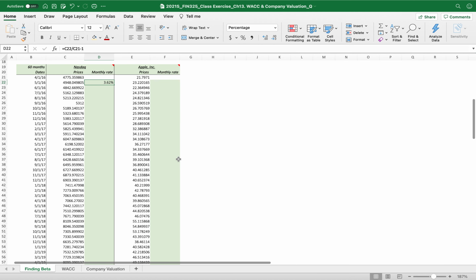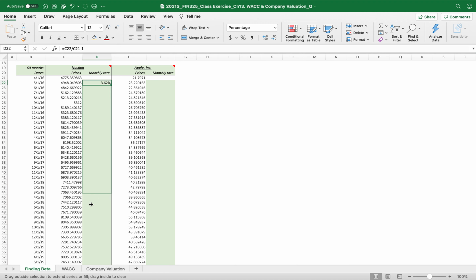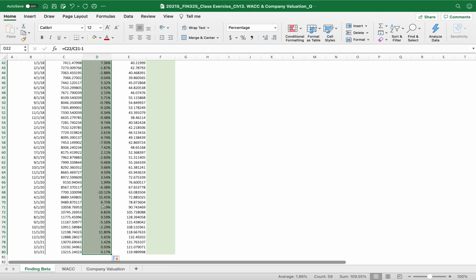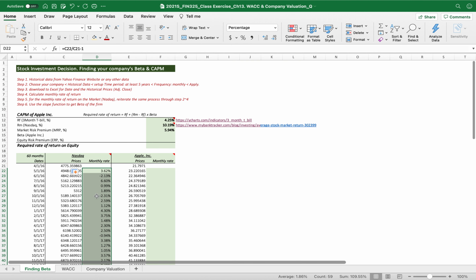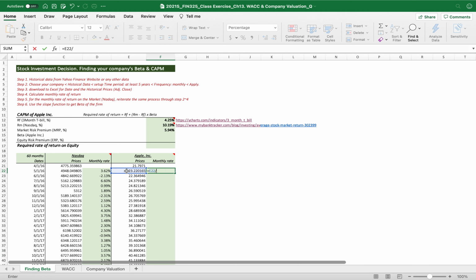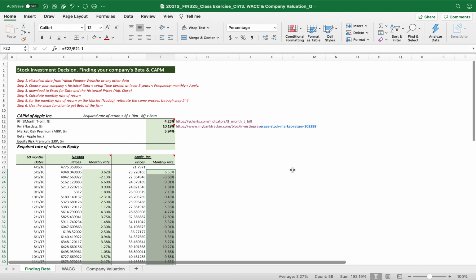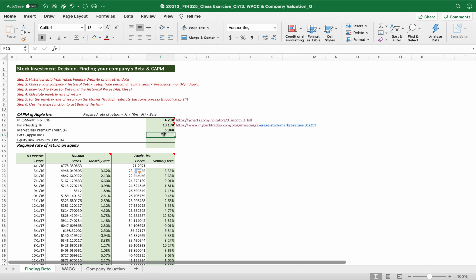I'm going to drag this down to the bottom so that you get the monthly rate of return of this Nasdaq. The same way we calculate this monthly rate for the stock. You can just double click so that you get the monthly rate.